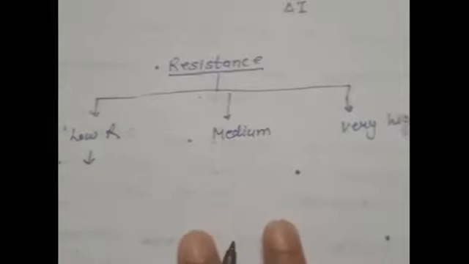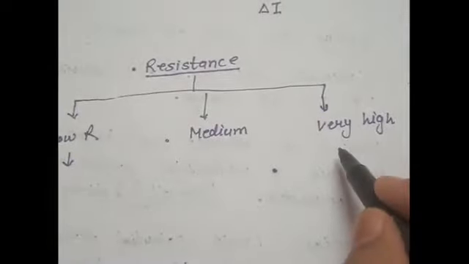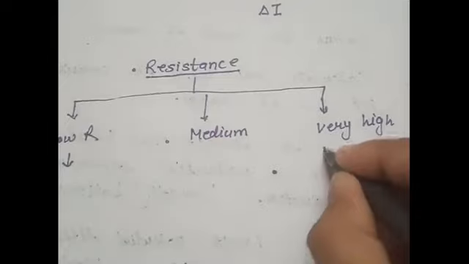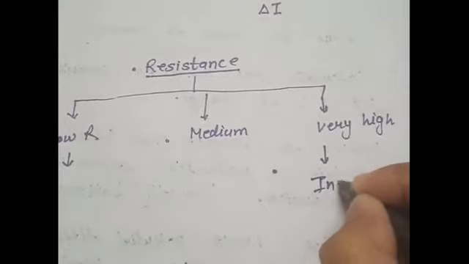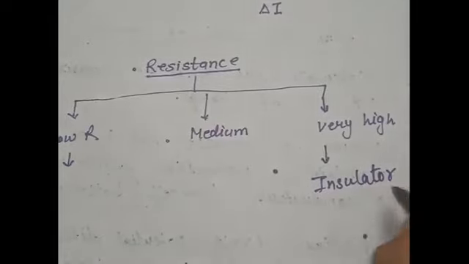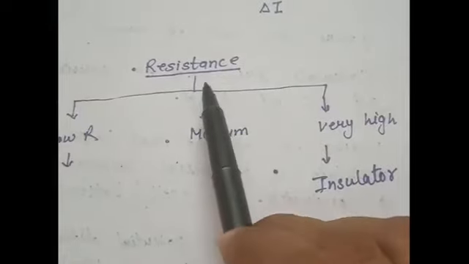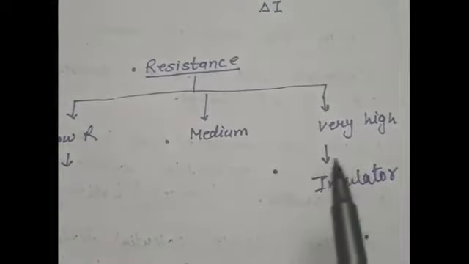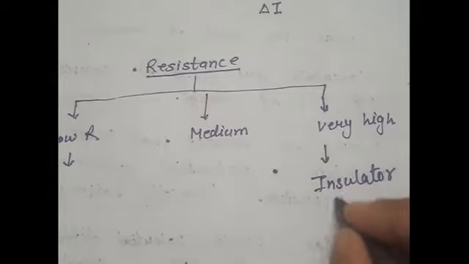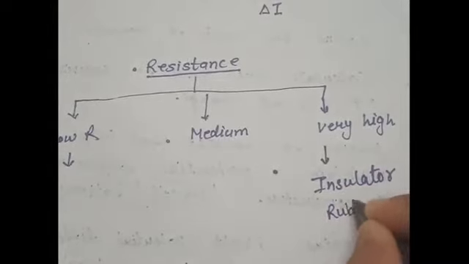The substances which have very high resistance will be insulators. That means they will not conduct electricity at all, as there is a resistance which will not allow the current, or the charge, to flow through it. For example, rubber and dry wood.